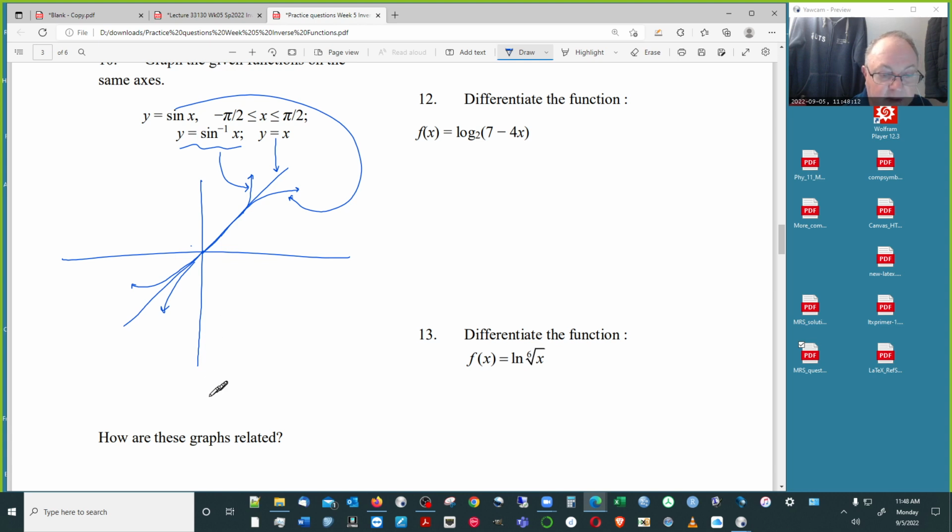So how are they related? Sine and sine to the minus 1. And what does that tell you?